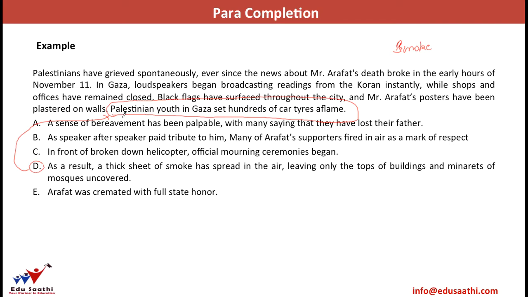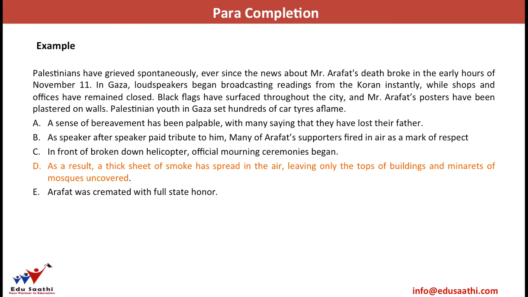So option D is basically continuing the process that was introduced in the penultimate line. Thus, I'll mark option D as the answer. So it's a continuation of the thought.